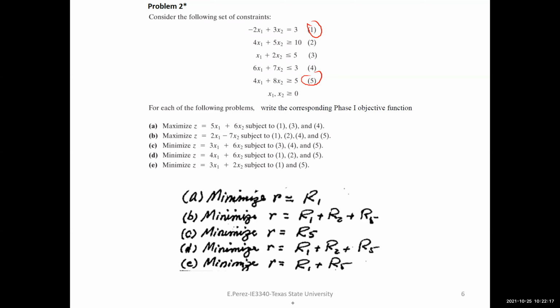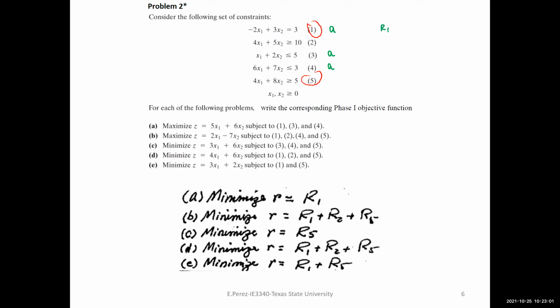So what we are looking at here, for example for part A, are the constraints. For A, we have constraints 1, 3, and 4, so we have inequalities.